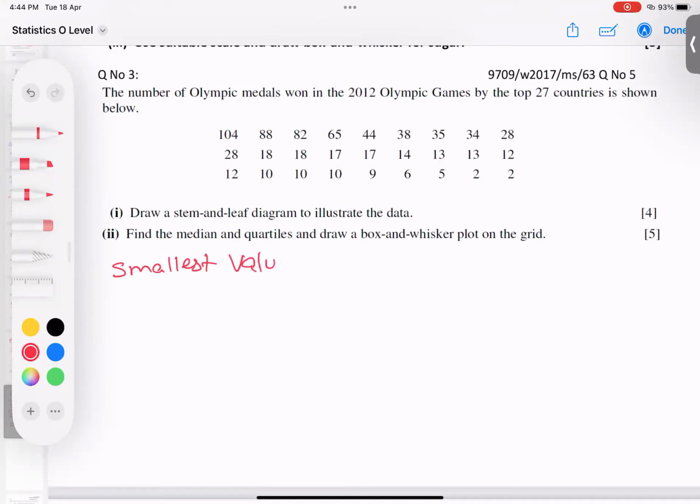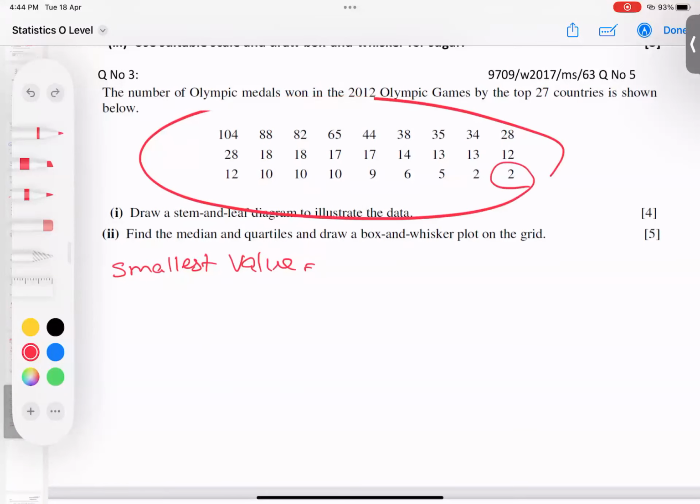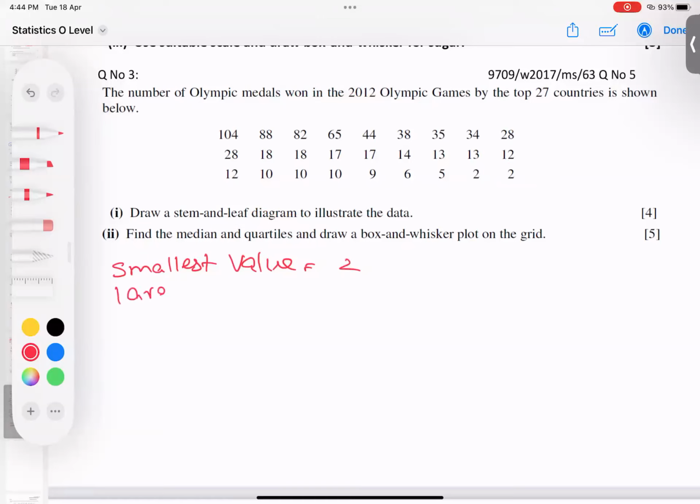The smallest value among all these is 2. And then you find the largest value. Fully focus here, don't look left and right, don't do any other activity. The highest value is 104.